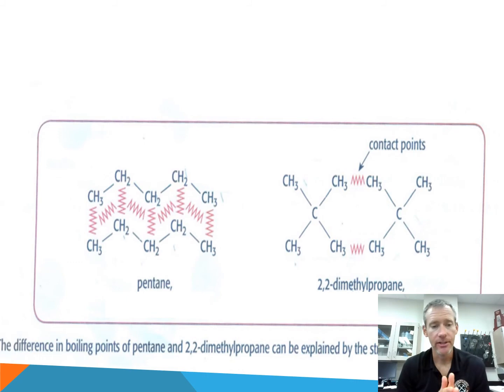All right, here is an example of contact points. They both have the same number of carbon, same number of hydrogen, same formula, but you have different shapes. Pentane is more linear, where 2,2-dimethylpropane is more horizontal and vertical.